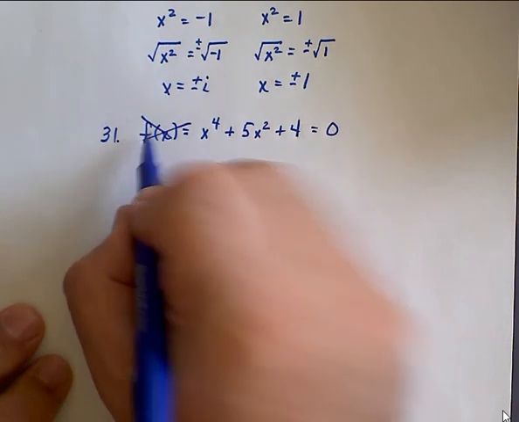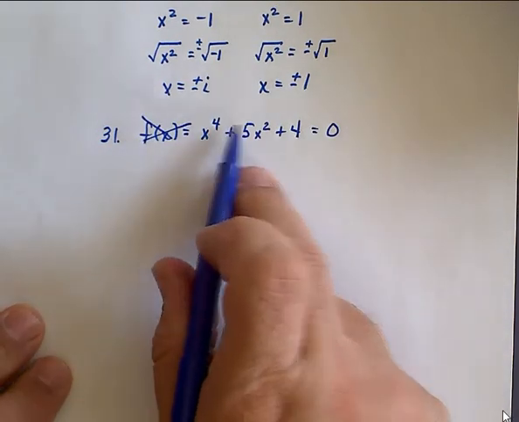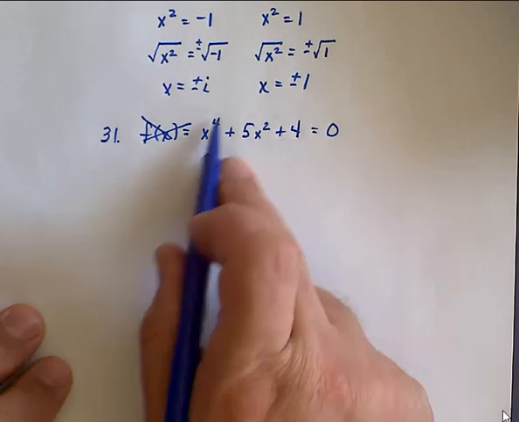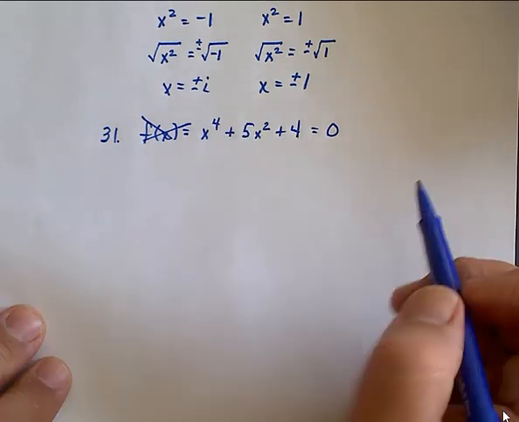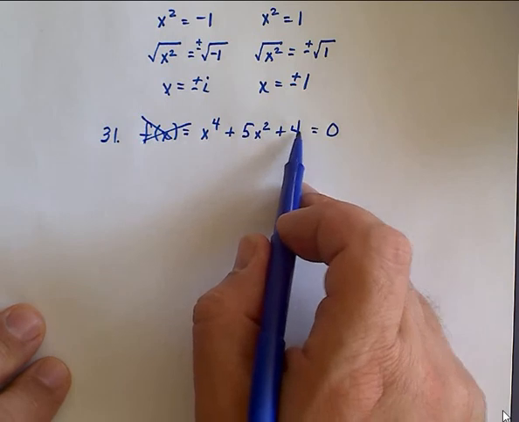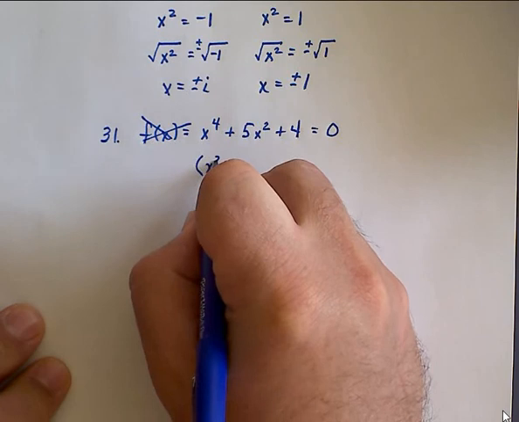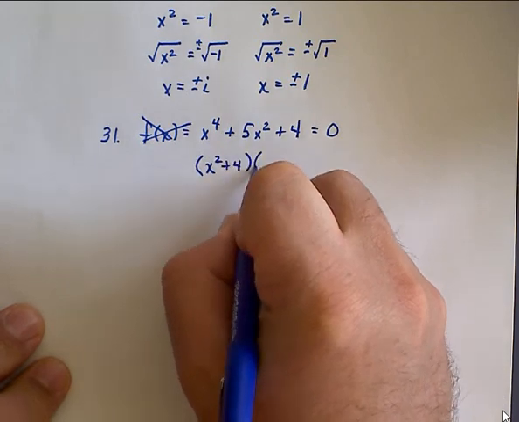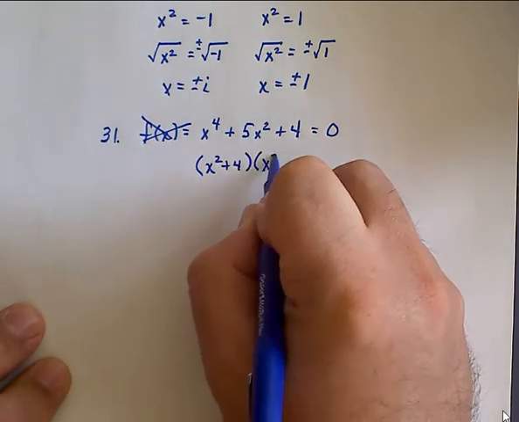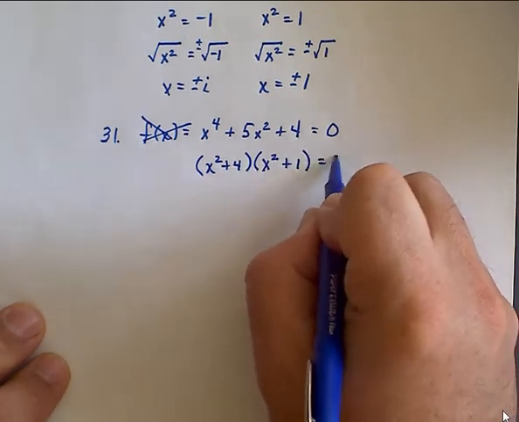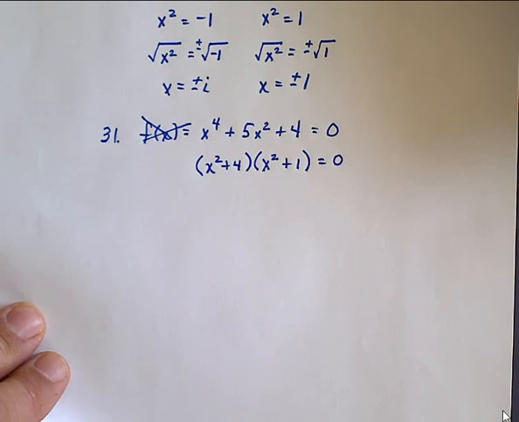What are the factors of 4? Since this is a fourth power and this is squared, I can take this trinomial and just unfoil it. The factors of 4 that add to 5 are 4 and 1. So I took the x to the fourth power and broke it up into 2 x squareds. And then I took the 4 and the 1 and broke it up so I know I can get 5.